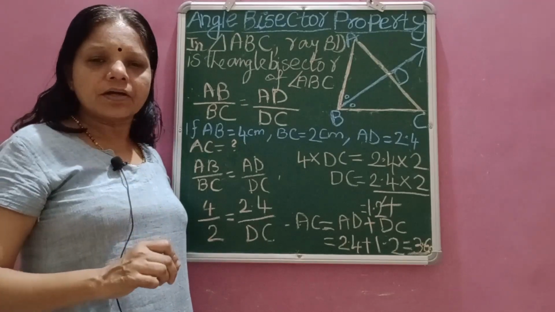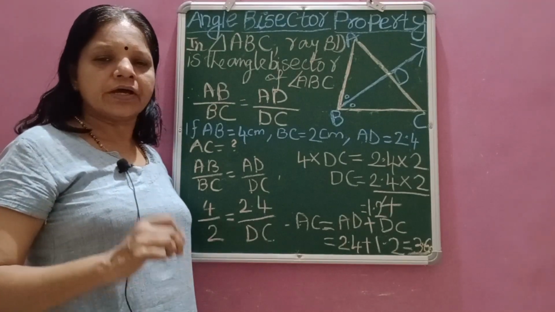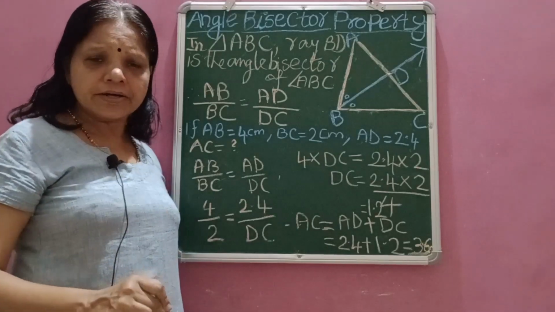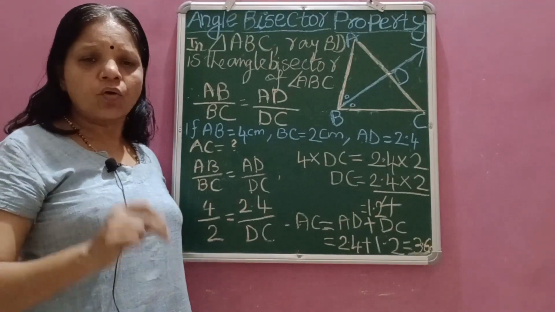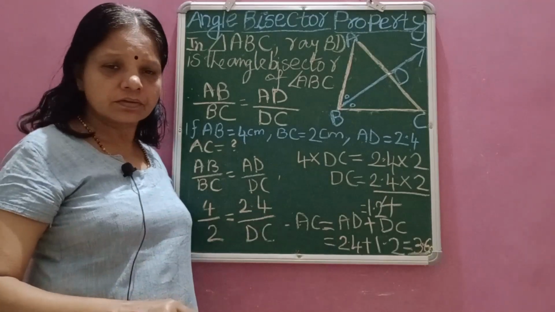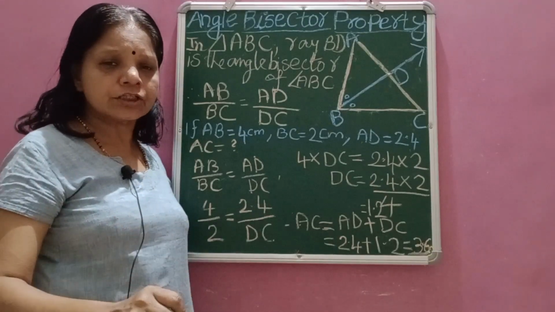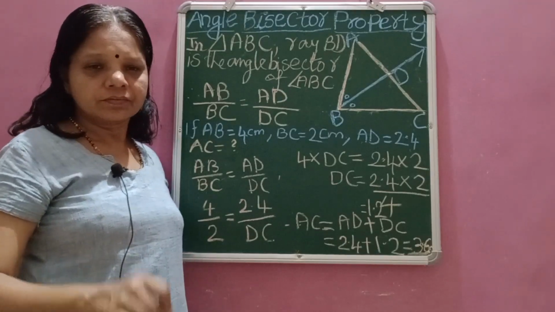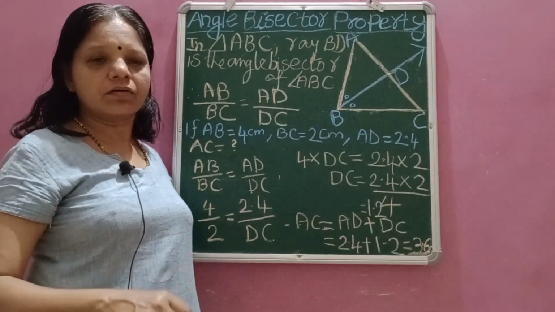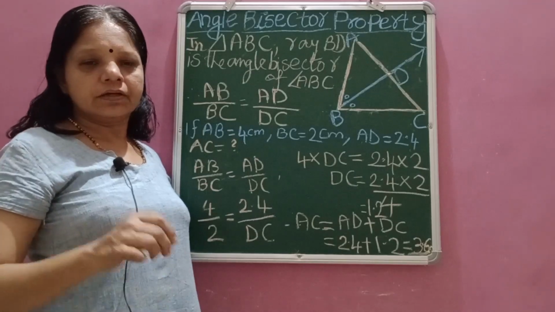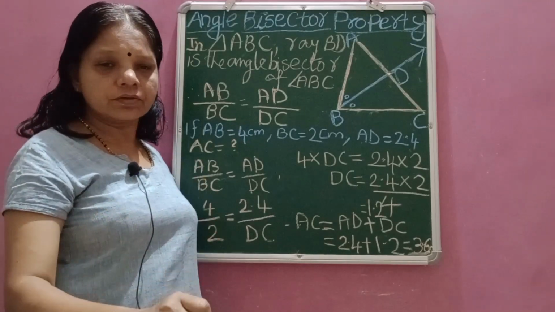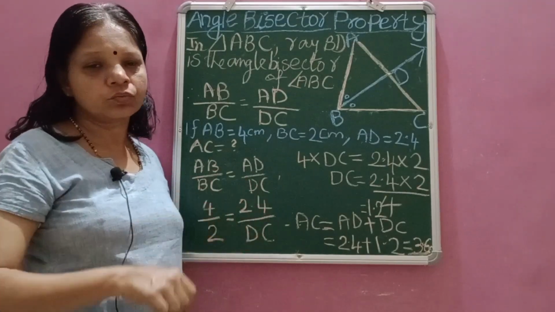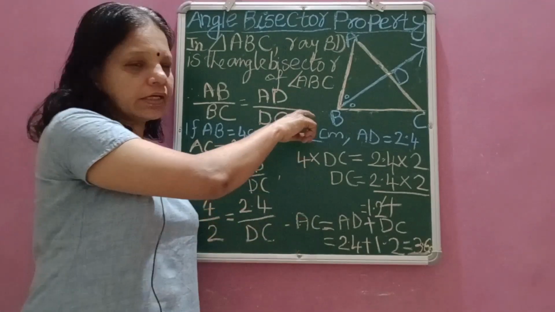The angle bisector of an angle of a triangle divides the side opposite to it in the same ratio as the remaining two sides. Understood? Understood how to take the ratio?